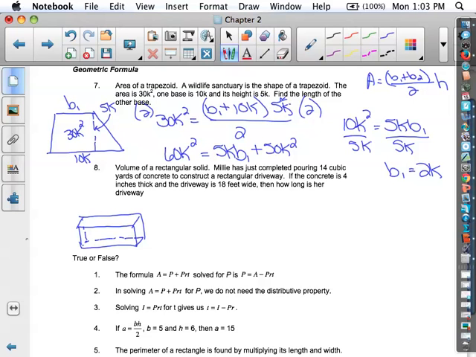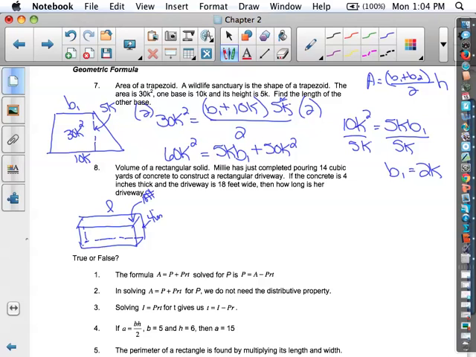If the concrete is 4 inches thick, I made that a little thick, so that's 4 inches thick. The driveway is 18 feet wide. So let's say that this is 18 feet. Remember it's not going to be to scale. They want to know how long the driveway will be.